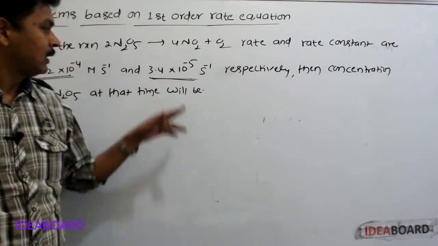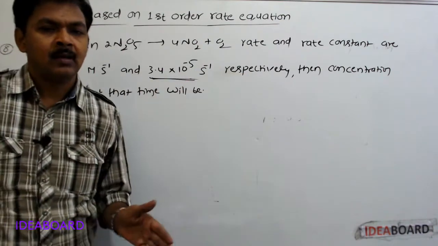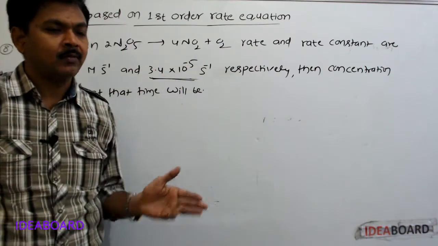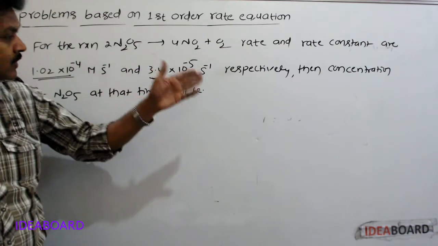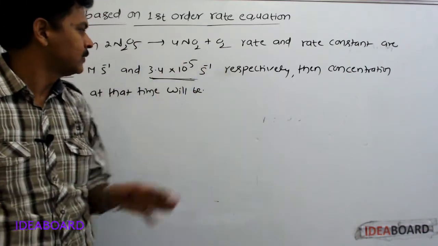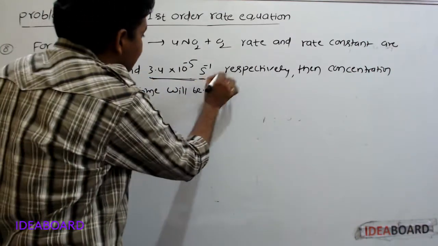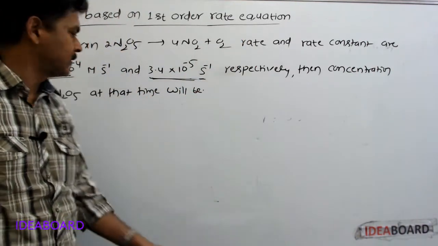See here, this is the rate of the reaction and this is the rate constant. The rate constant units are second inverse, time inverse. Which order reaction rate constant has units of second inverse? First order reaction rate constant has second inverse unit. So based on this unit, we can say that this reaction follows first order kinetics.